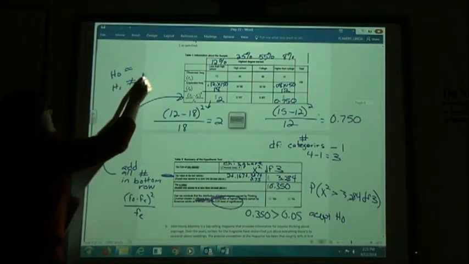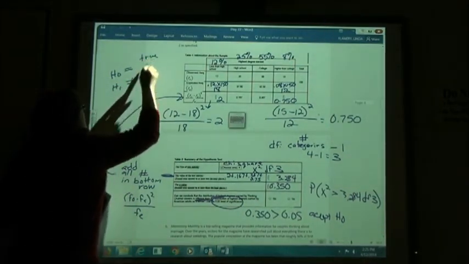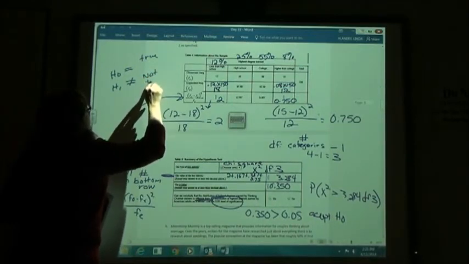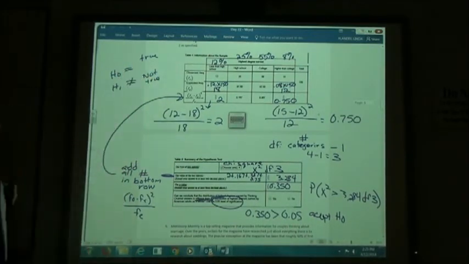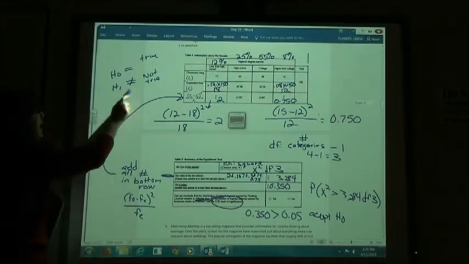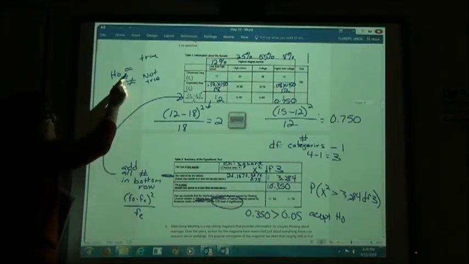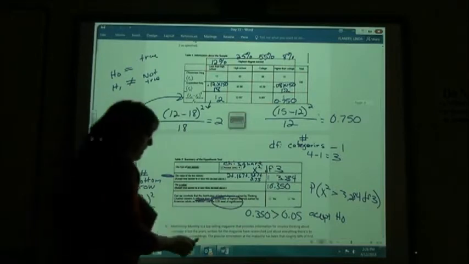Well, in this case, this is the true statement. This one is not true. The null means it would be equal. The alternate one, it's not equal. And so can we accept that it's different? No, because we said it has to be equal.